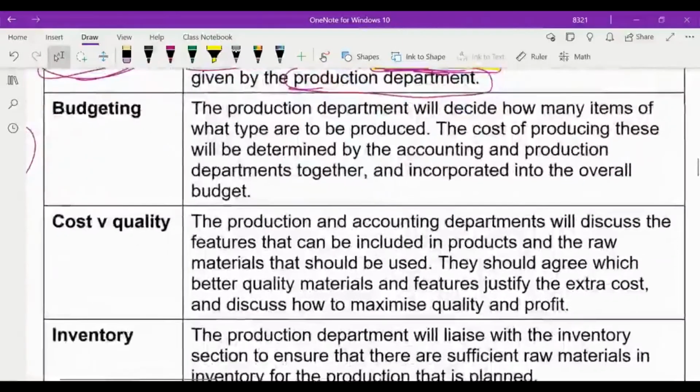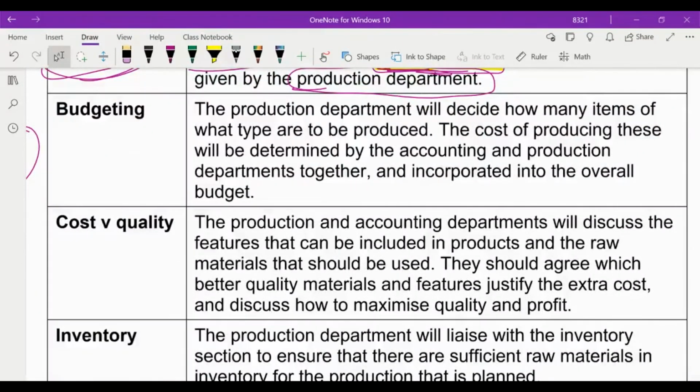Second thing is budgeting. So again, budgeting is an extensive exercise. Production departments also give some idea in budgeting from their point of view. So the production department will decide how many items of what type are to be produced. And this is how money will be set aside for activities involved in production.